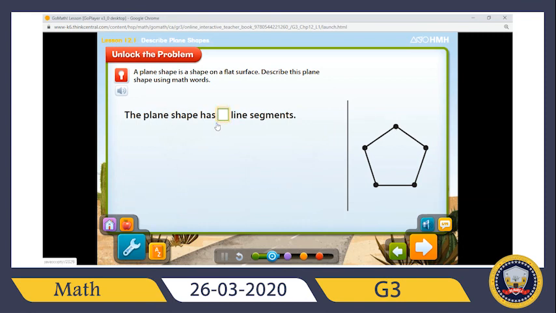The plane shape has how many line segments? Count it first. Good job. 5 line segments, right? First one is here: 1, 2, 3, 4, and 5. So there are 5 line segments in this plane shape.